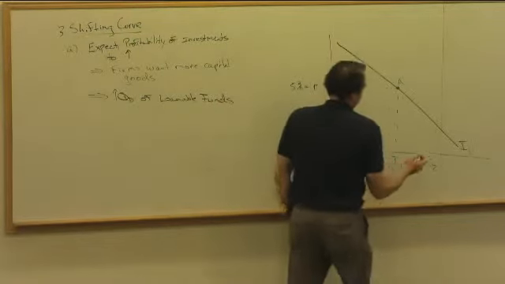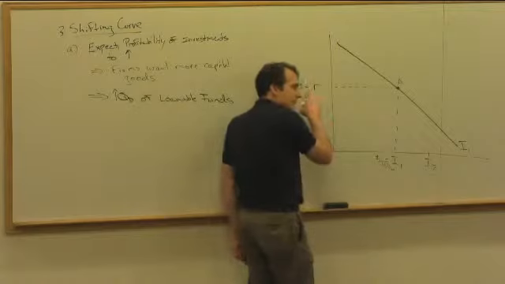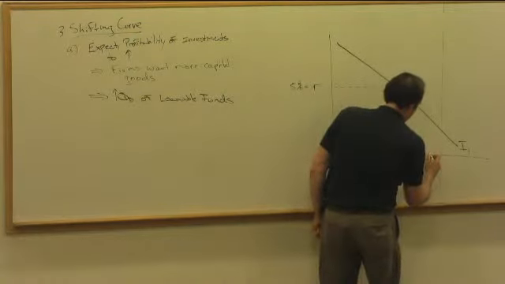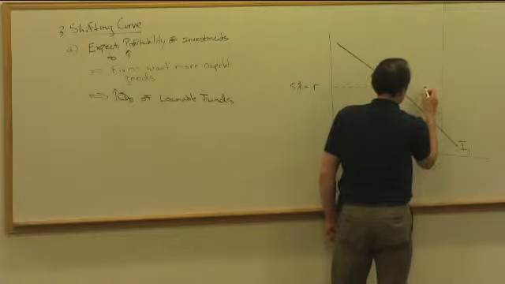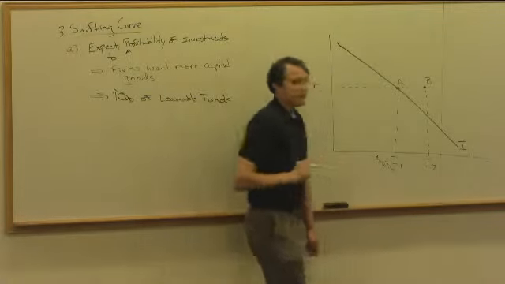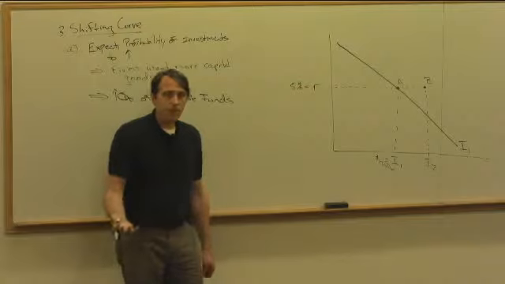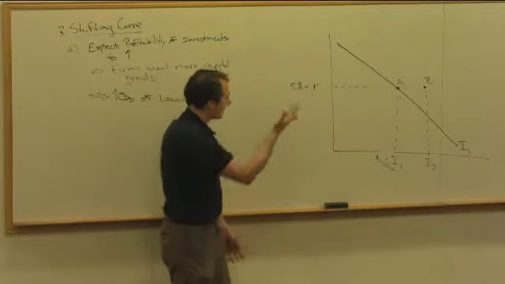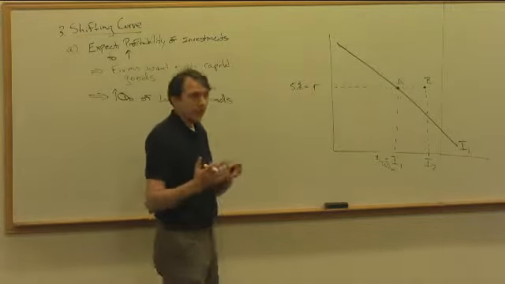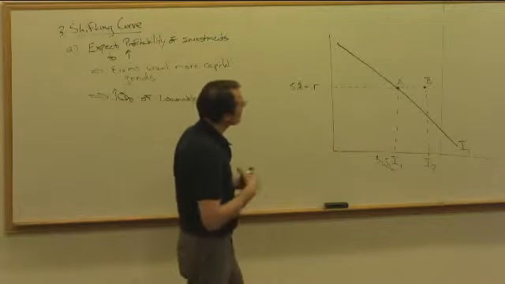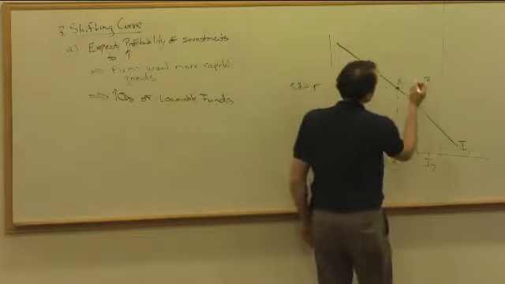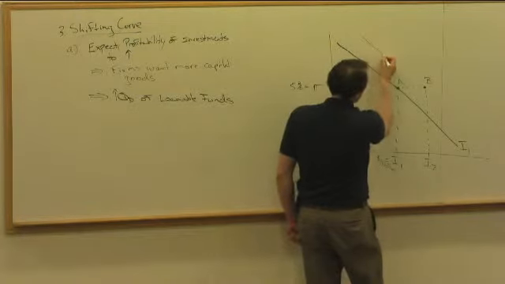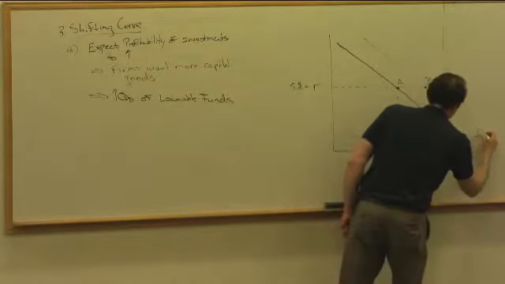All right. Now, if the real interest rate stays at 5%, and this is the new level of investment that firms want to conduct, then you would be at point B. All right. Now, is point B on the old investment demand curve? And the answer is obviously no. Anybody can look at that and say, gee, it's not on the old investment demand curve. Well, if it's not on the old investment demand curve, that means the investment demand curve must have shifted to the right, to I2.